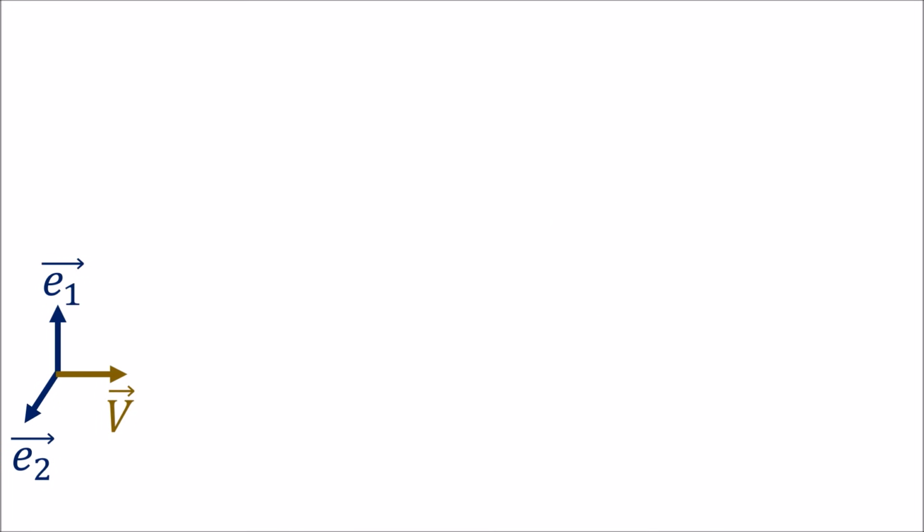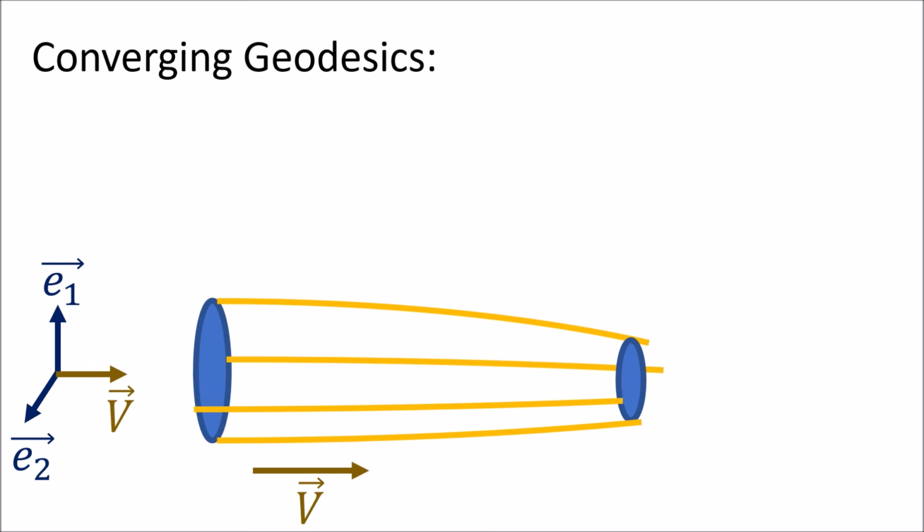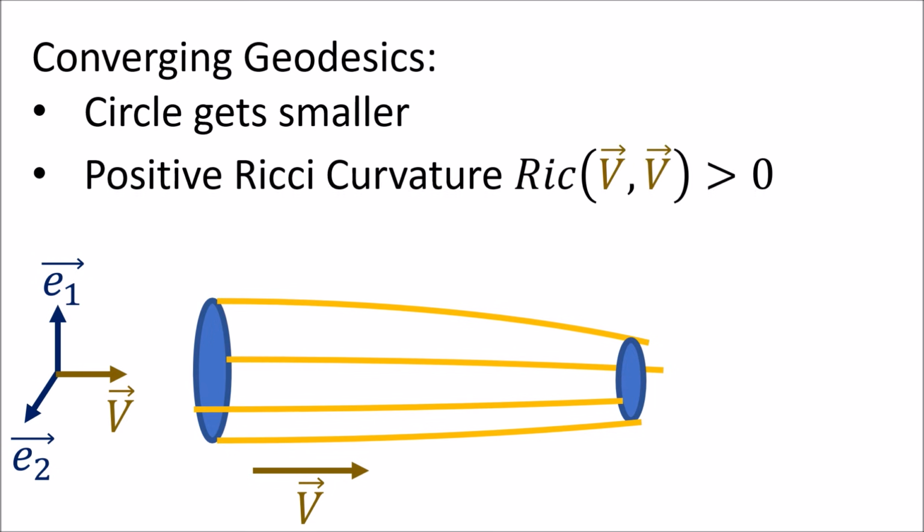Let's say that we pick a direction v and we look at how geodesics change along this path. If the geodesics converge together, then this circle living in the plane of the basis vectors e1 and e2 will get smaller as it travels along the geodesics. This means the space has positive Ricci curvature along the direction v.